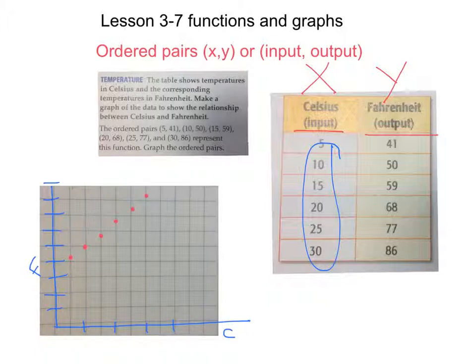Then you connect your dots to make a line, and that would be the graph to represent the ordered pairs of the temperature comparison of Celsius and Fahrenheit.